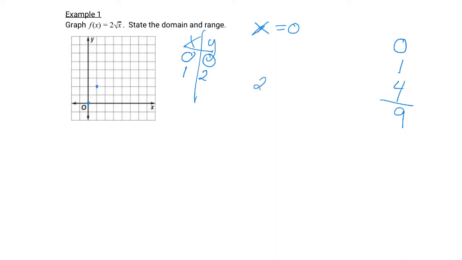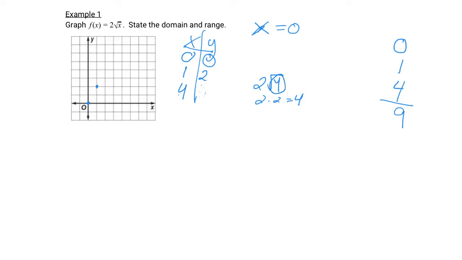4 will be next. So we'll have 2 times the square root of 4. The square root of 4 is 2, and we have 2 times 2, which is 4. I wrote that backwards, sorry.